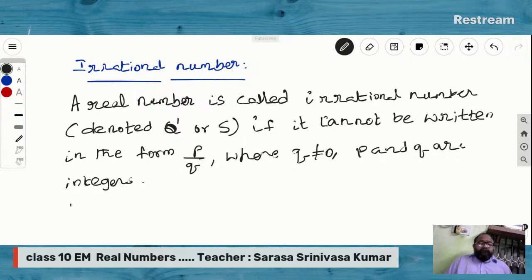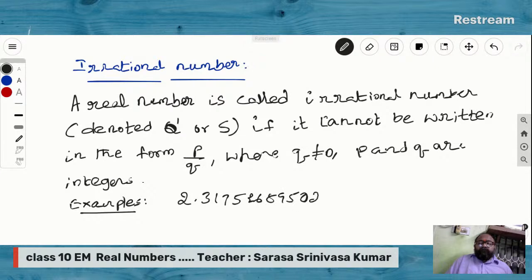We can take some examples. 2.3175268950 and so on. So this is not a terminating decimal.